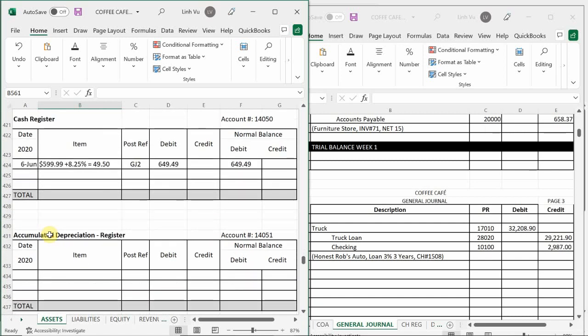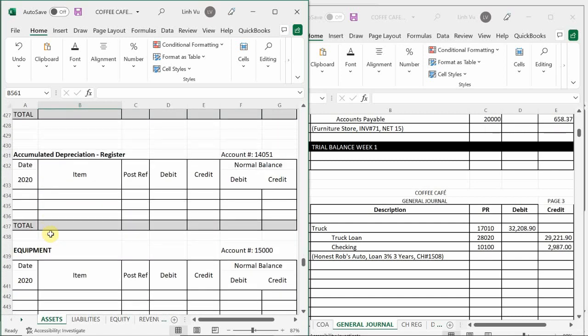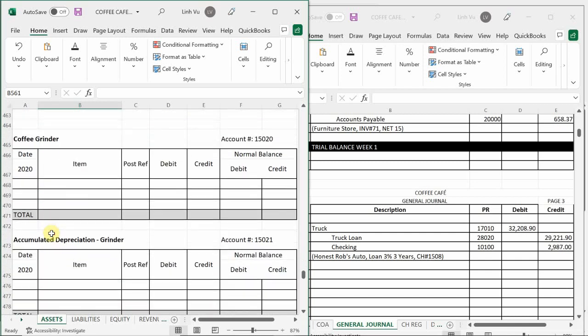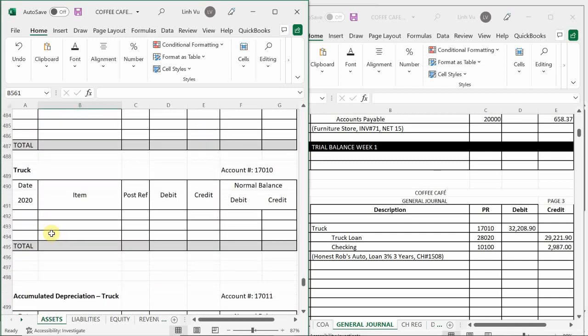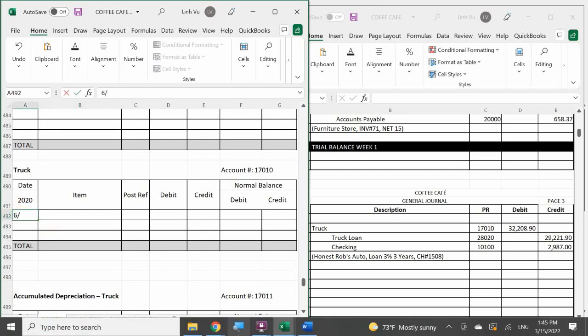Okay, here's my printer. Equipment. There you go. Vehicles, truck. Okay, 6/8.